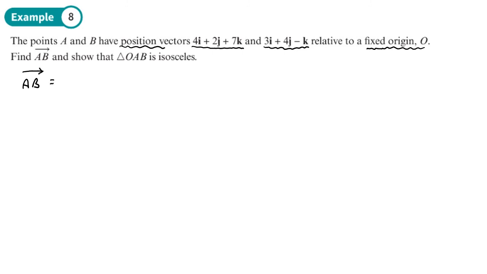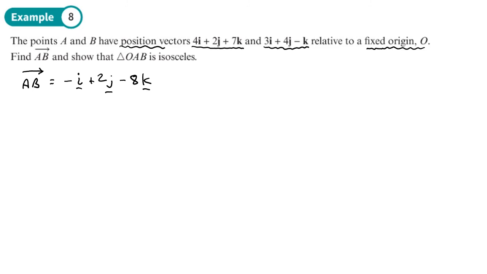What's the jump from A to B? Well, the i goes down by 1, so negative i. The j goes up by 2, so 2j. The k goes down by 8 because it's going from 7 to -1, so negative 8k. So there we go, there's the vector that takes me from A to B.